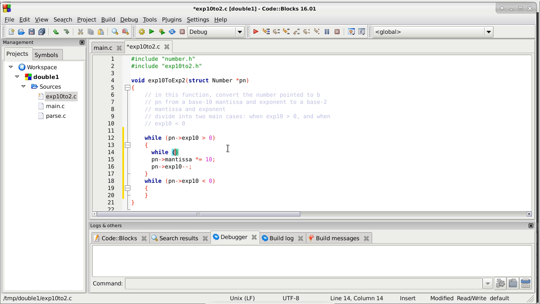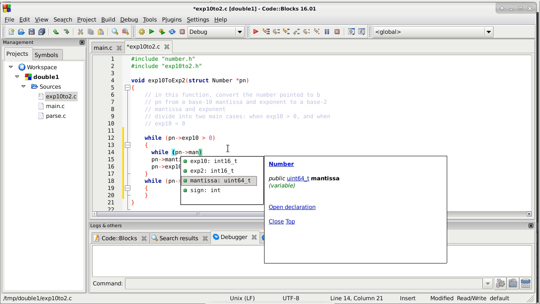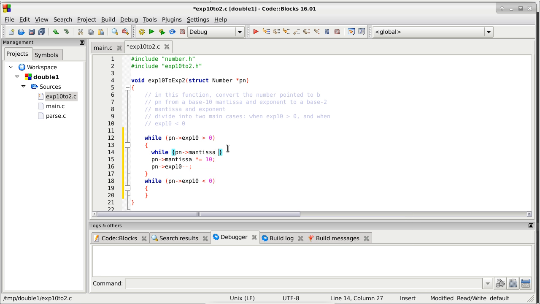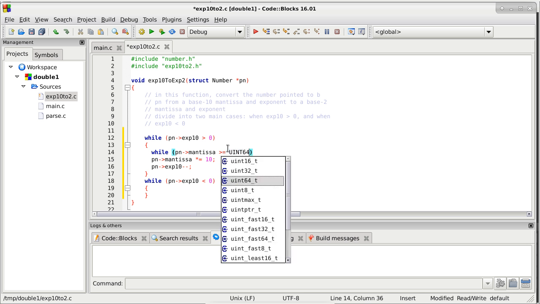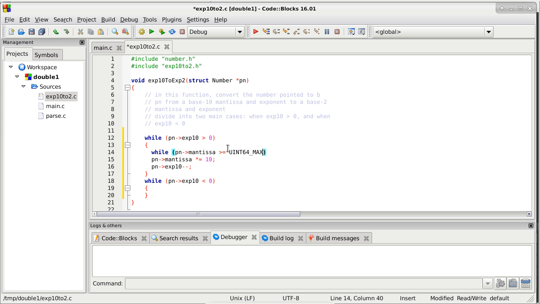So the condition to do that is to say as long as the mantissa is greater than or equal to UINT64_MAX, which is the constant that defines the largest number you can represent using 64 bits. But we want to make sure that this is also divided by 10 first. Okay, and there we go.